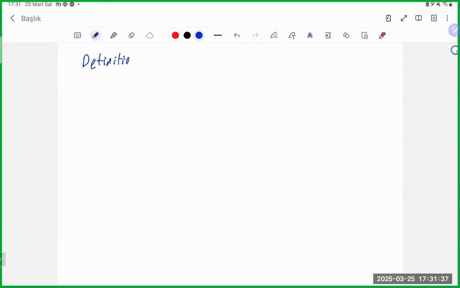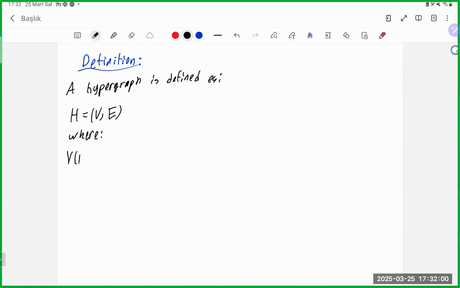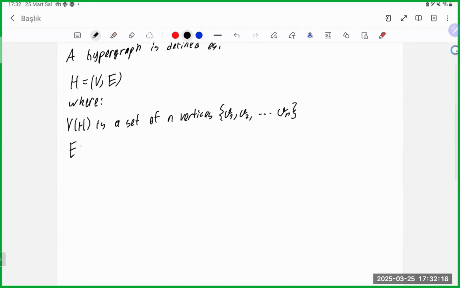Definition. A hypergraph is defined as its set of vertices and edges, where V_H is a set of n vertices, V1 to Vn, and E_H is a set of m edges, where an edge is a set made up of vertices.